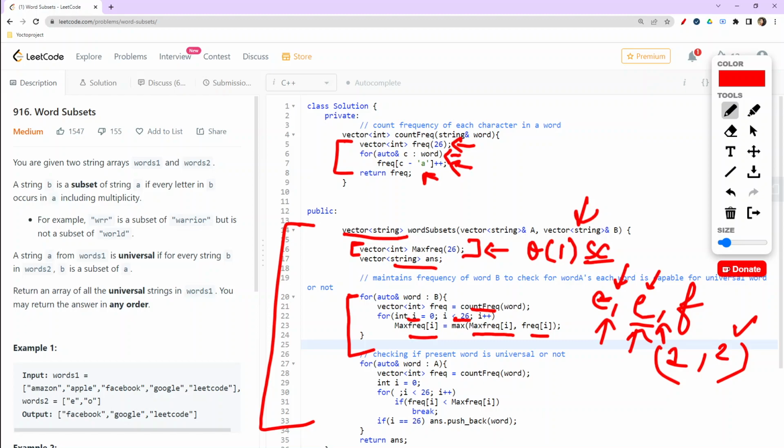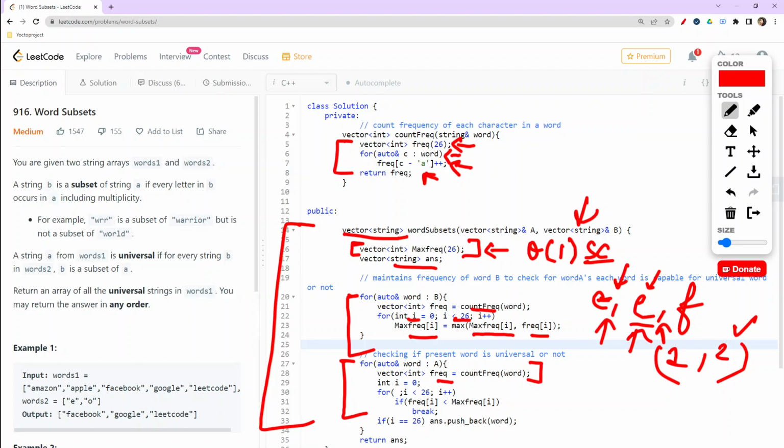And then we are heading towards our final step. Here we are again updating this particular frequency vector. It will act as a temporary vector for us. So it will be active, and then we directly give that particular word, and it will count out all the frequencies.